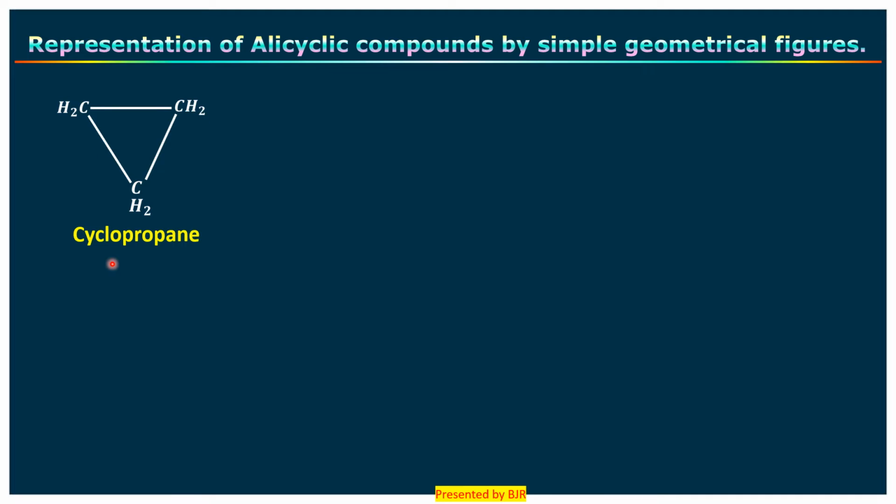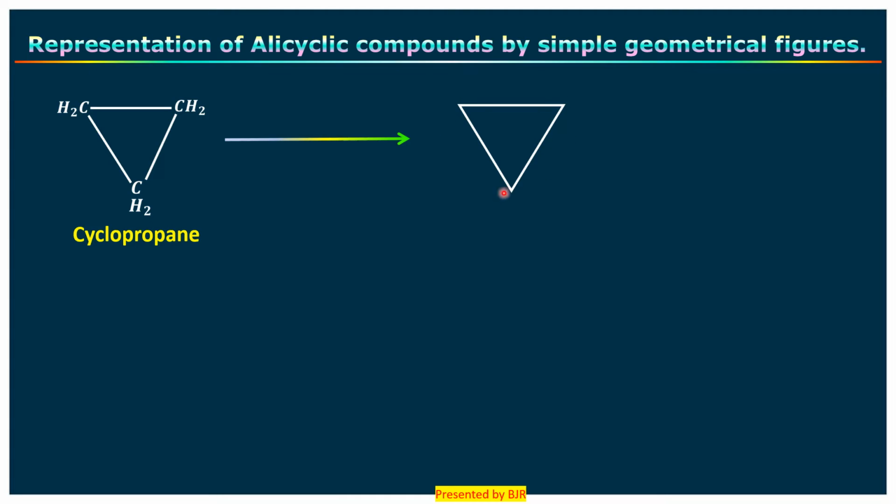It is represented by a simple geometrical figure like this. In these representations, carbon atoms are depicted as vertices, so these 3 carbon atoms are depicted as vertices here, and carbon-carbon bonds are implied rather than explicitly drawn.